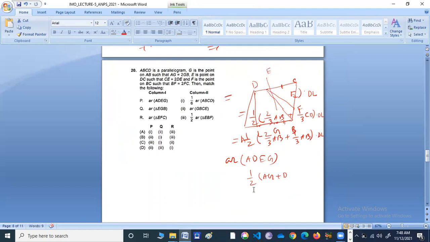I need to erase this and redo this again.